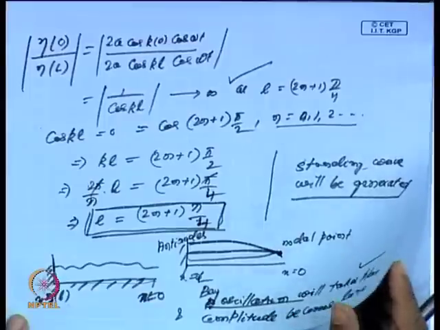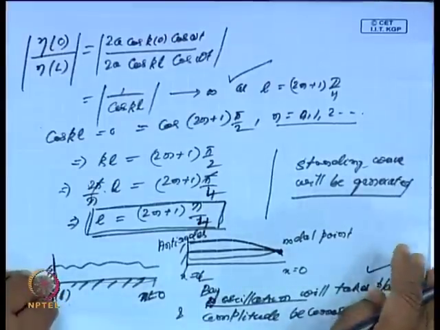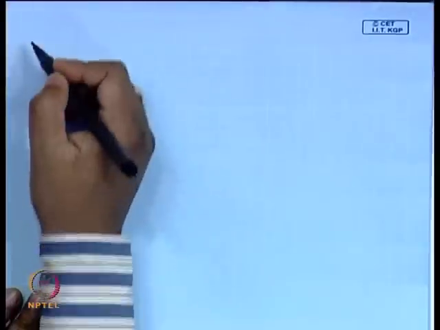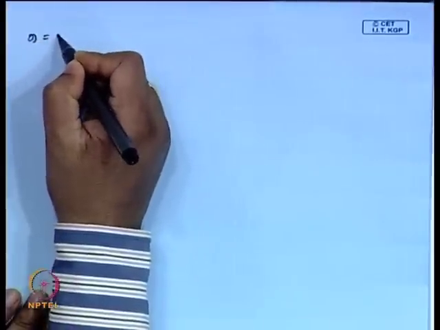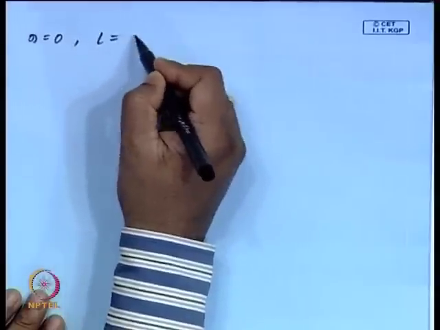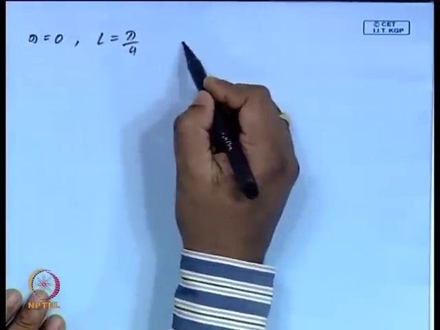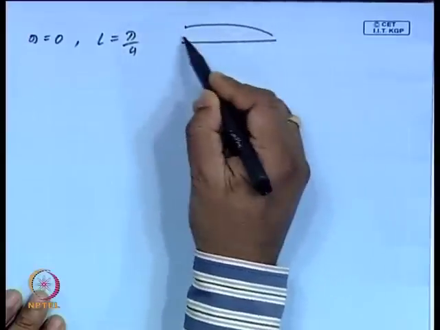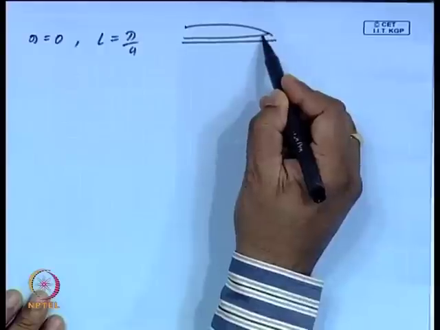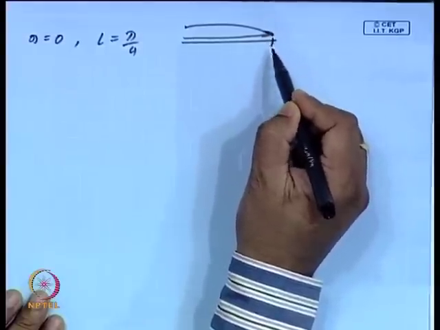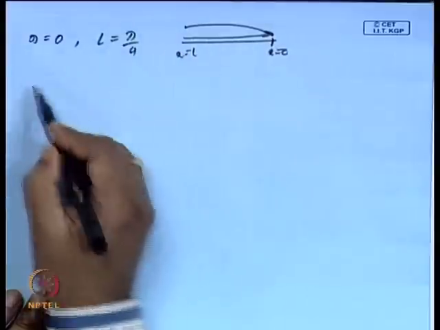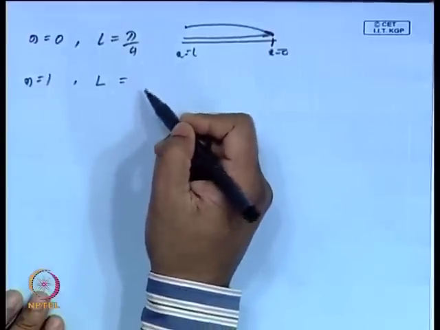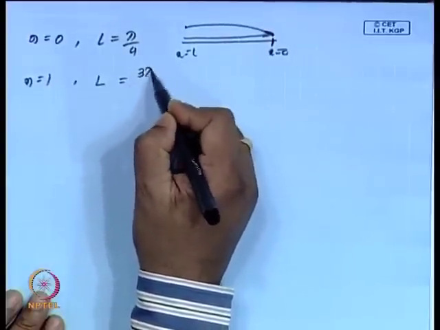Now, with this I will highlight a few more things. The second thing I want to tell here is what happens to the higher modes of oscillation. We have seen when n is equal to 0, L is equal to lambda by 4, and only 1/4 of a wave has taken place, where this point is x equal to 0 and this is x equal to L. Now, when n is equal to 1, L is equal to 3 lambda by 4.